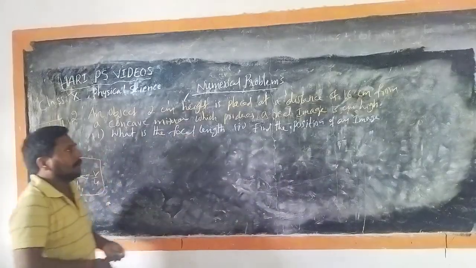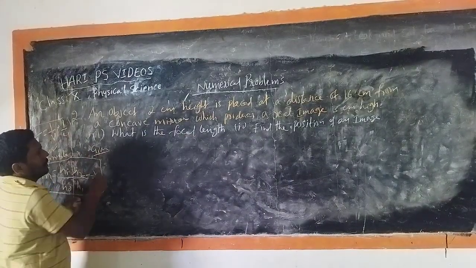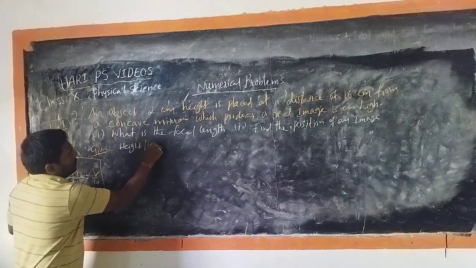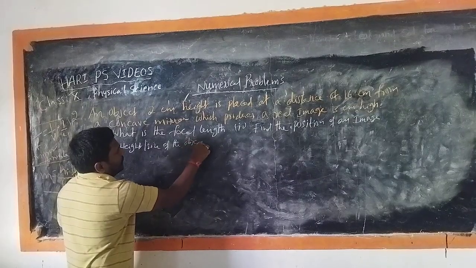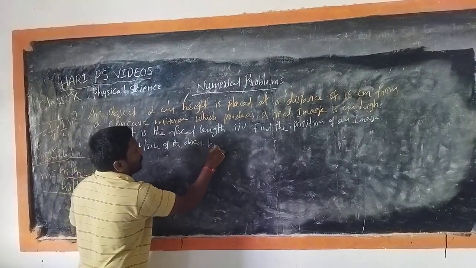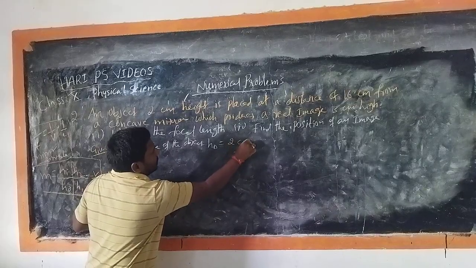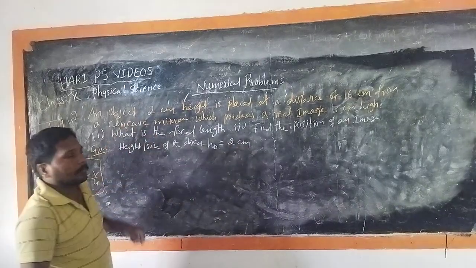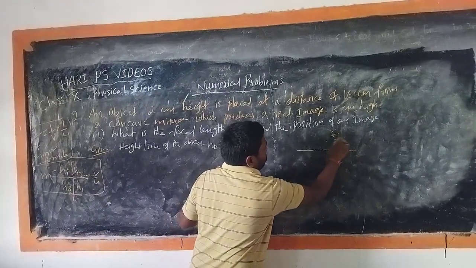So first of all, write the given values. Height or size of the object, HO or H1, equals how much? 2 centimeters. It is positive because it is above the principal axis.